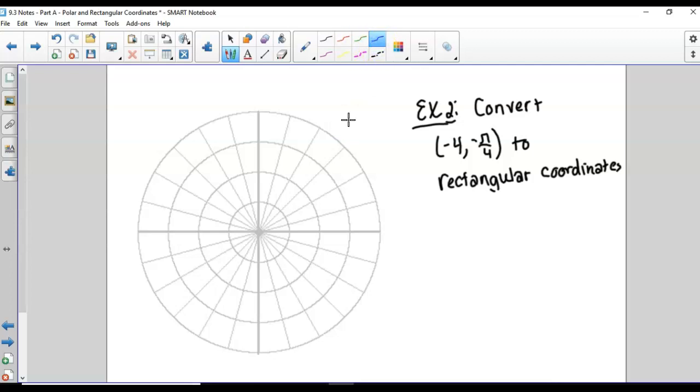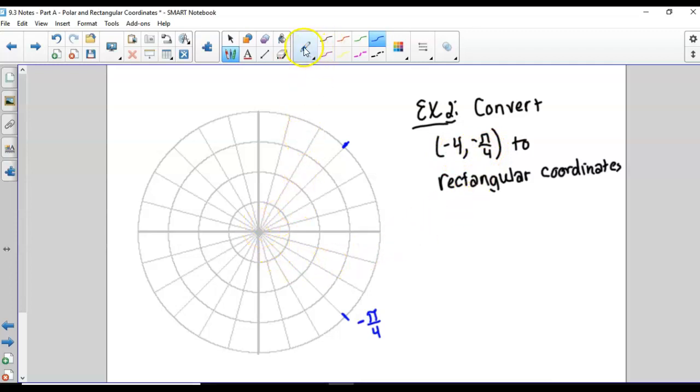So this is a little bit trickier to graph because you've got -4, -pi/4. So pi/4 is right here, but we want -pi/4, which is right here. So right here is your -pi/4. And we are going to graph -4, -pi/4.